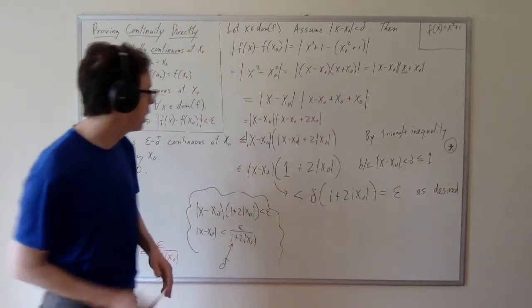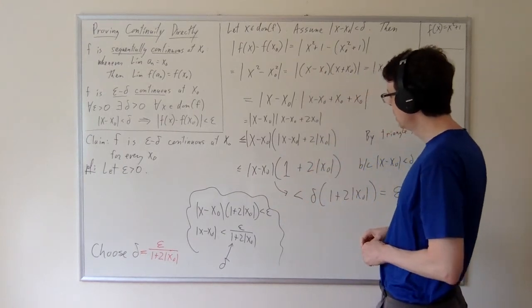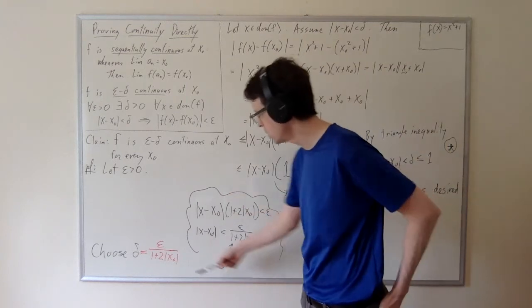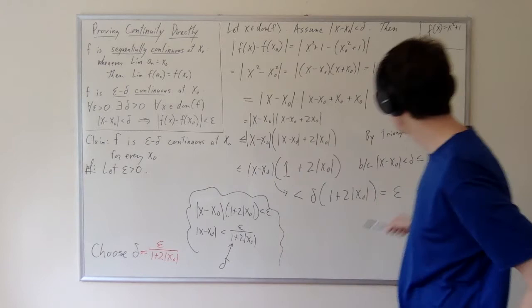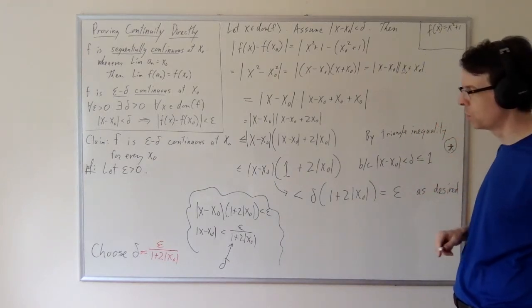And if not, then I don't have any justification for this step, which means the whole proof will collapse. So the only thing that I've done wrong here is I've used my scratch work to successfully choose the value of delta, but that scratch work is not necessarily consistent with my requirement that delta should be less than or equal to 1.